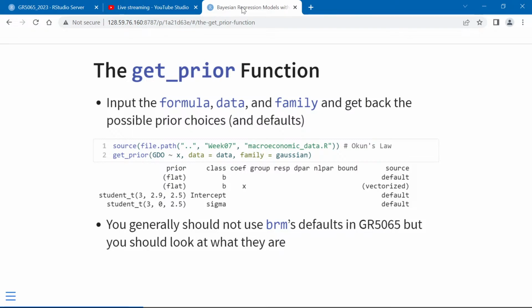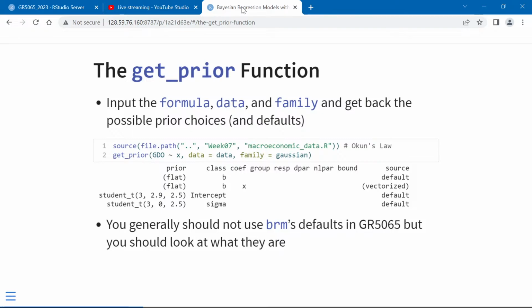A very useful function in BRMS is the get_prior function, which just takes a formula, a data frame, and a family, and then it outputs what the default priors would be.